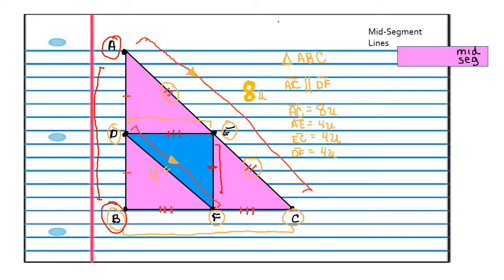So if the original perimeter of the triangle was 6 plus 6 plus 8, because that's what a perimeter does, the perimeter of triangle ABC would in turn equal 20 units.